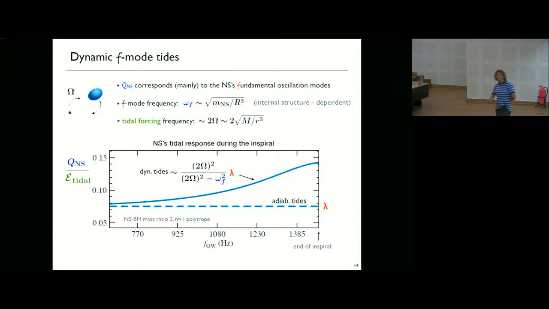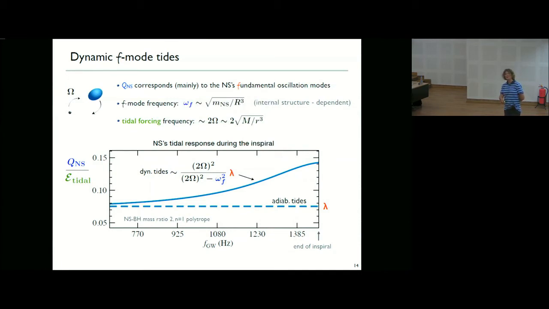You see, if I take into account this F-mode effect, in the beginning it's not much of an effect. But then it really starts to grow, meaning the response is much larger than you would expect from just the adiabatic limit. And this enhancement is simply what you would expect for a harmonic oscillator that approaches a resonance.